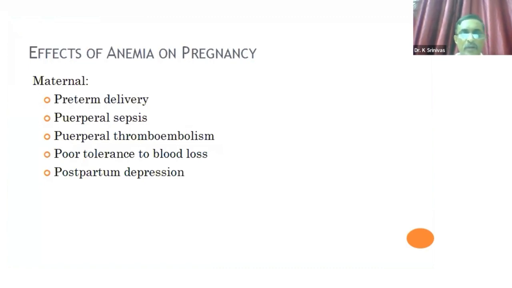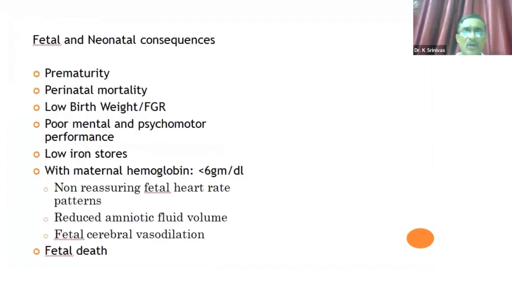They are more prone for postpartum depression too, right? It's not just puerperal sepsis, they are overall more prone for infections. It could be antenatal urinary tract infection, right? So it's quite common. Respiratory infections, they are common.